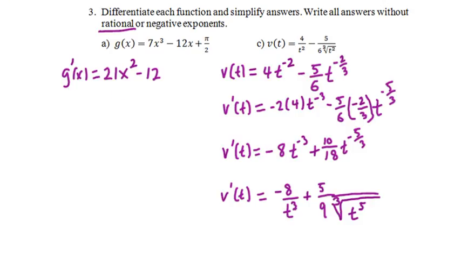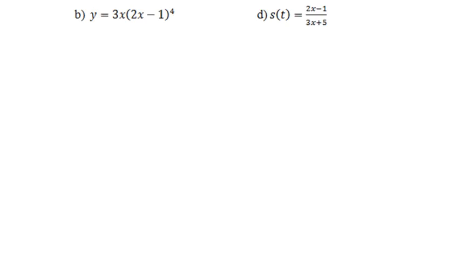So that's part C worked out. Now, B, a lot of people had problems with B. What you have is a product rule, a product of two functions. And so what we're going to do to organize this is make a box that we've done in class.